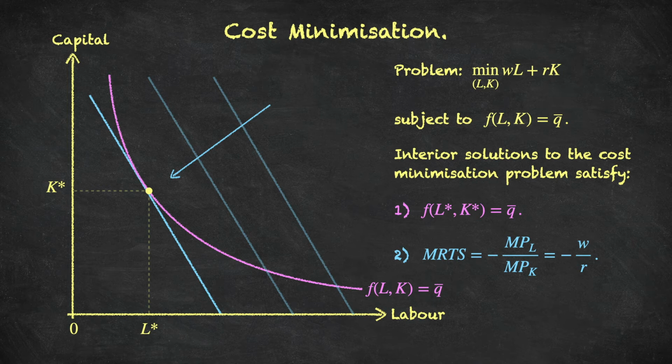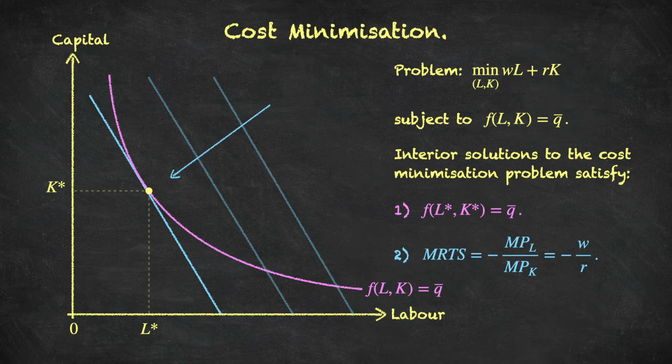So I've drawn several iso costs and a downward sloping arrow to indicate the idea that we are trying to get on the lowest possible of these iso costs. As we've shown in our analysis, the solution to this problem is characterized by two equations.